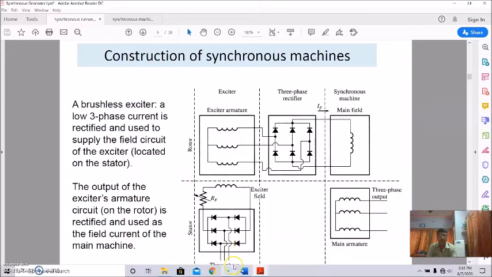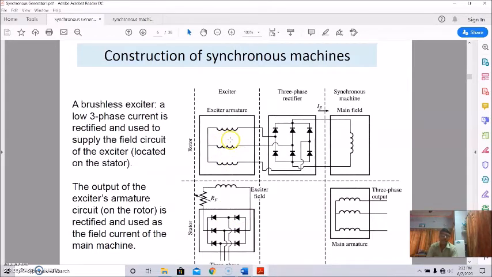So once again, a low three-phase supply is given to the stator winding of the exciter, which is rectified and supplied to the exciter field, entirely on the stator part, and the armature part is on the rotor side.